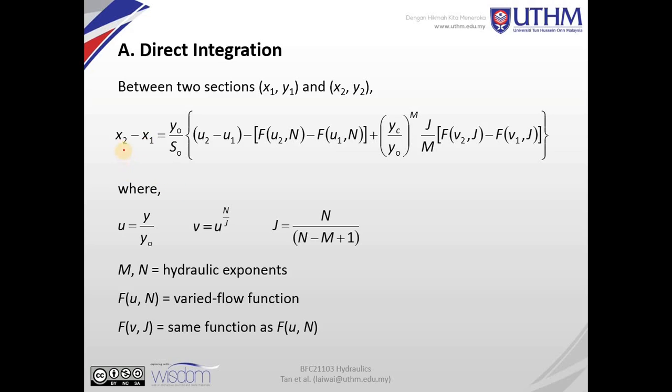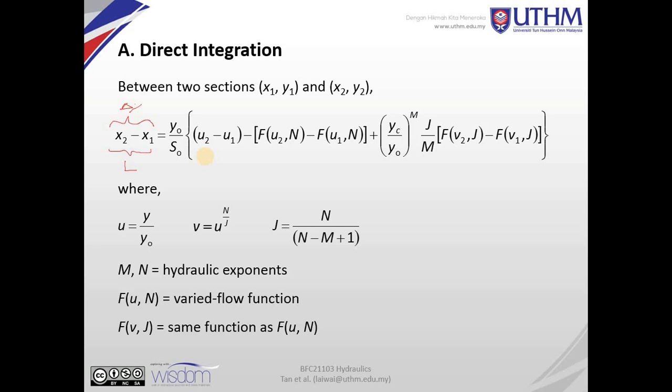So here x2 minus x1 can also be written as delta x, or in other words it can also be written as capital L. So this formula is used when we consider between two sections or only one segment in the GVF calculation.